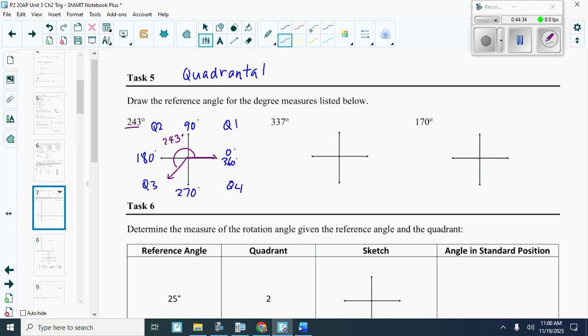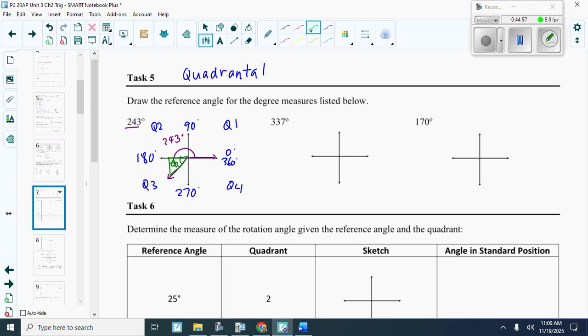Did you draw your reference triangle here? You can put your reference angle on the inside. I put it on the outside because it gets really small for me, so I might have to zoom in. But this is your reference angle here, from the x-axis to the terminal arm.